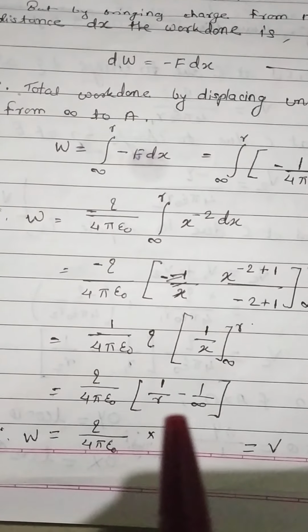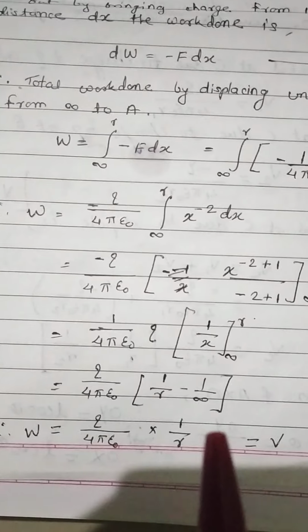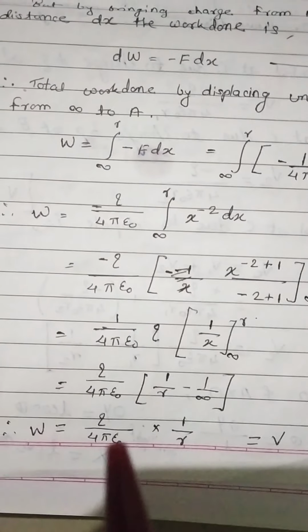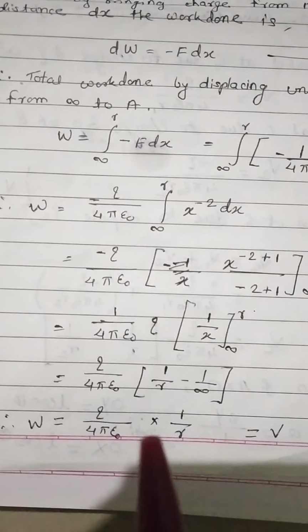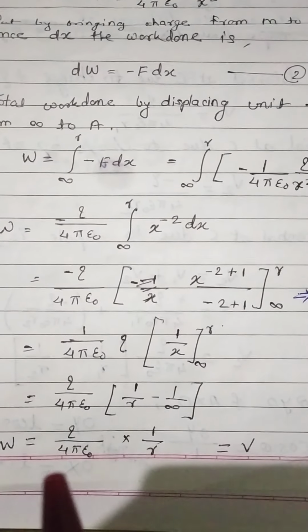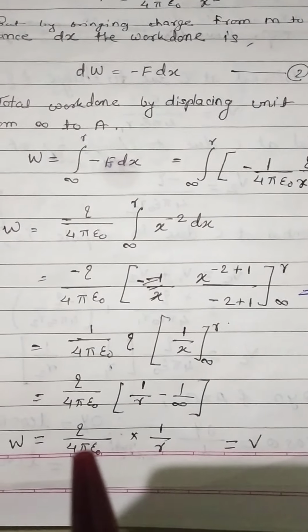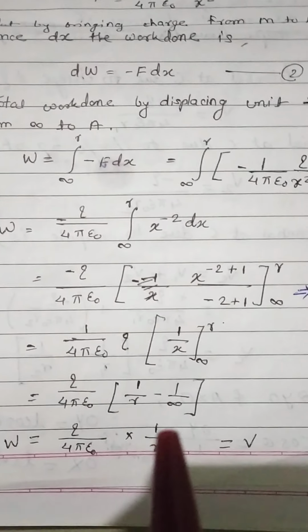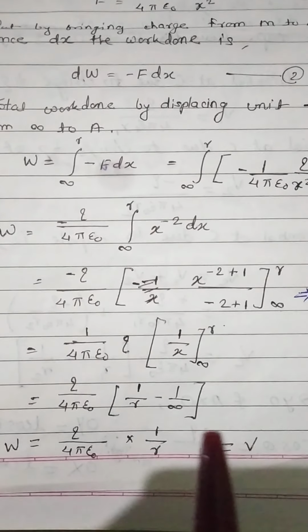This work done formula is the same as potential. So V is equal to Q upon 4 pi epsilon naught into 1 upon R.